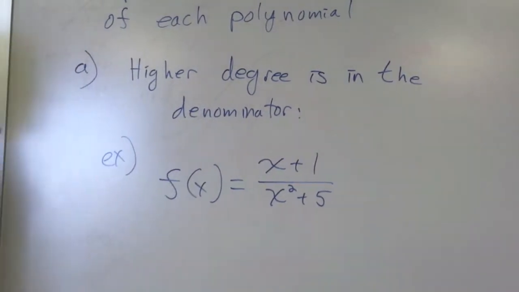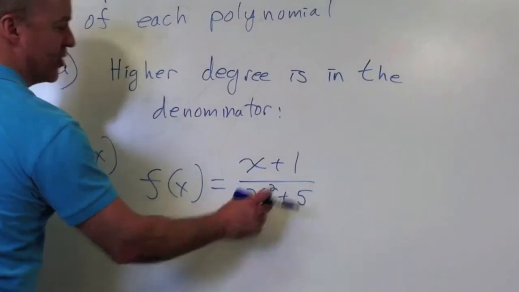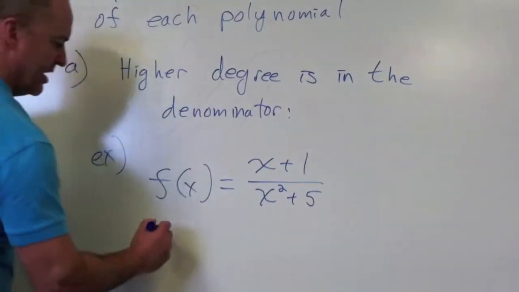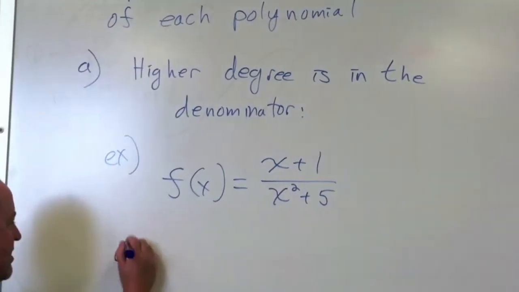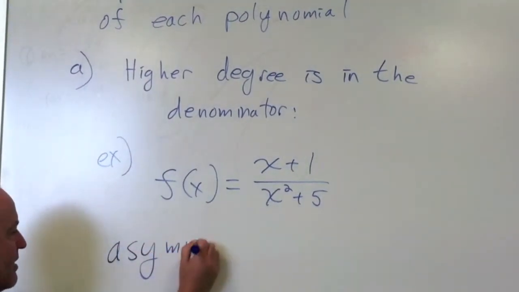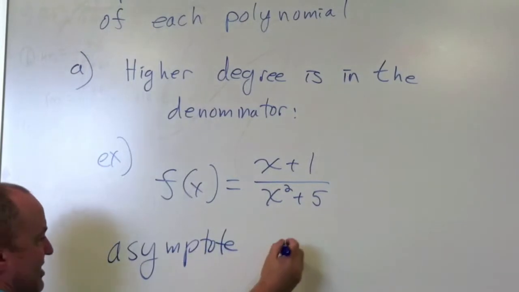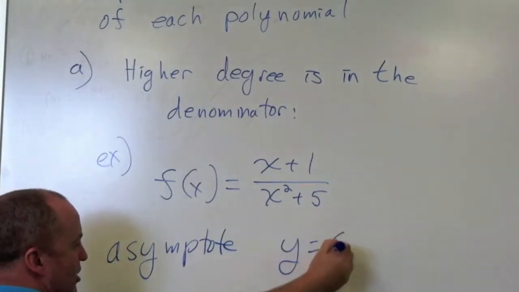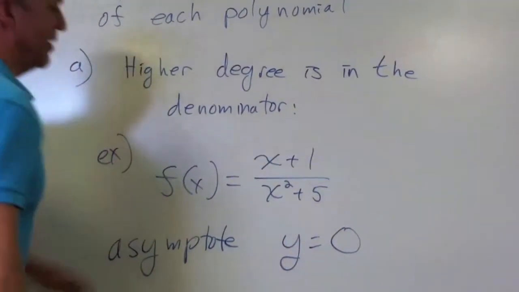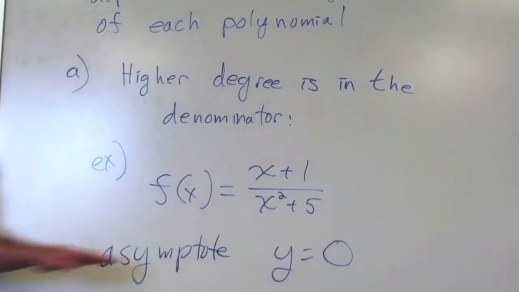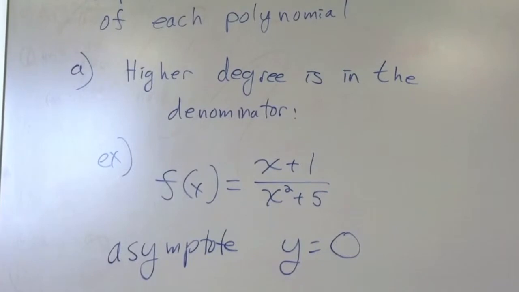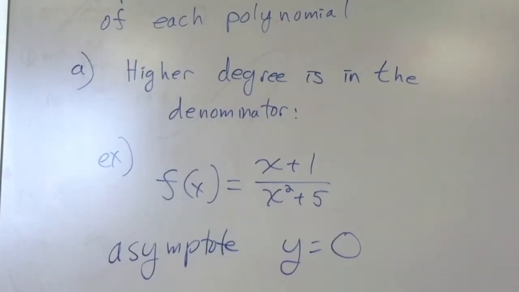But this would have a horizontal asymptote. Because the higher degree is on the bottom, the horizontal asymptote will be the x-axis, or the line y equals 0. So if you have the higher degree on the bottom, y equals 0 is always the horizontal asymptote. This would be an example of that.